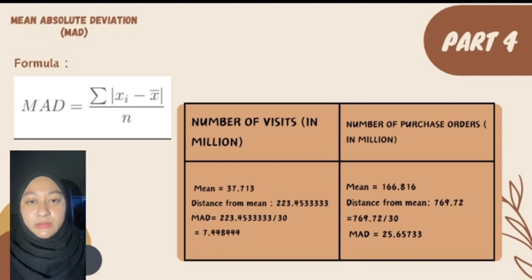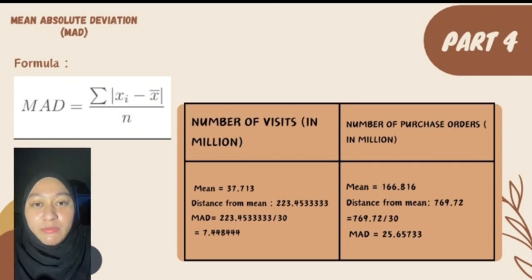Next, we have to find mean absolute deviation, or MAD. First, we find the mean of the given data, and second, the distance from the mean. The distances from the mean we divide by the total amount of data, and you get the mean absolute deviation for number of visits and number of purchase order.